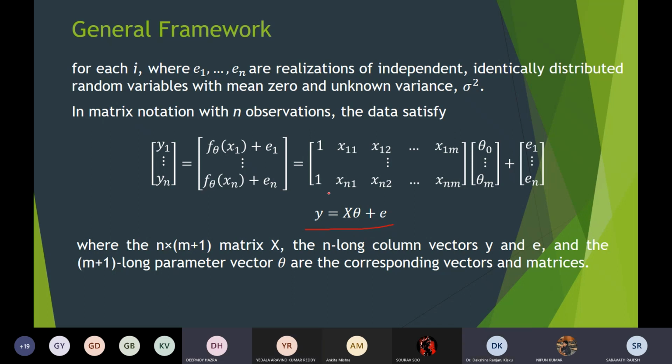That means the number of rows would be n and the number of columns would be m plus 1. So this is the dimension of the X matrix.